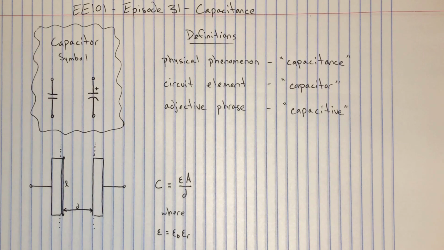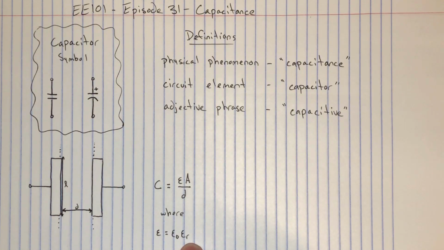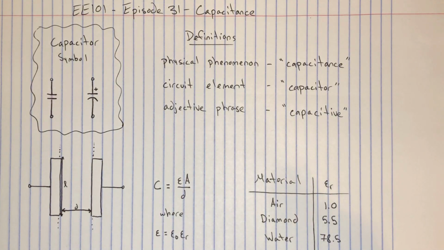You can think of this as the dielectric constant of a vacuum. This value is then modified by a so-called relative dielectric constant to describe the energy storage capability of other materials. And here I've put together a table of some cool examples of relative dielectric constants. Most of the time we can approximate air as having the same dielectric constant as a vacuum, which is why the relative constant is just 1.